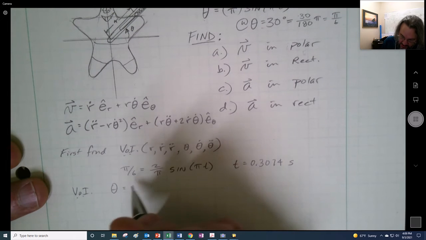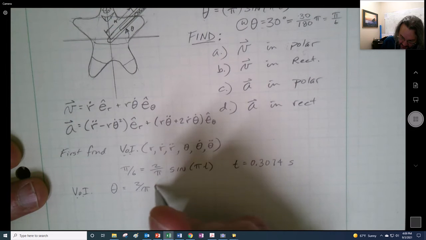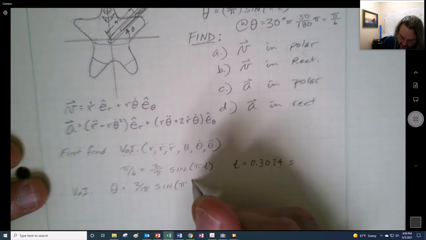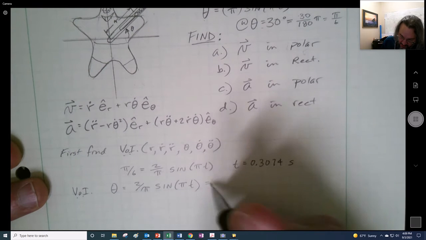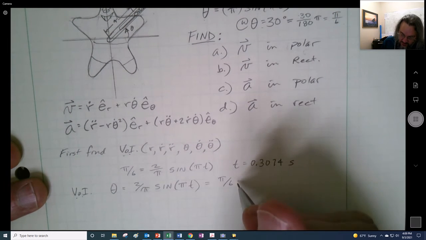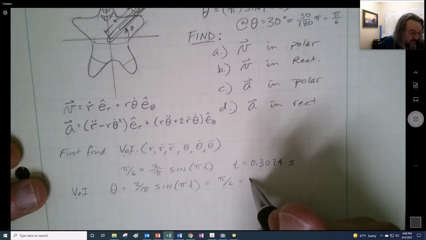Theta is equal to 2 over pi times the sine of pi times t. We already know the answer to that. That's going to be pi over 6, right? Or I think I wrote it out somewhere, what pi over 6 turns out to be.